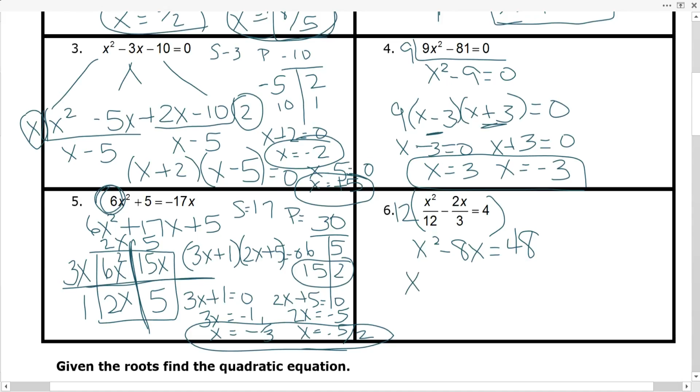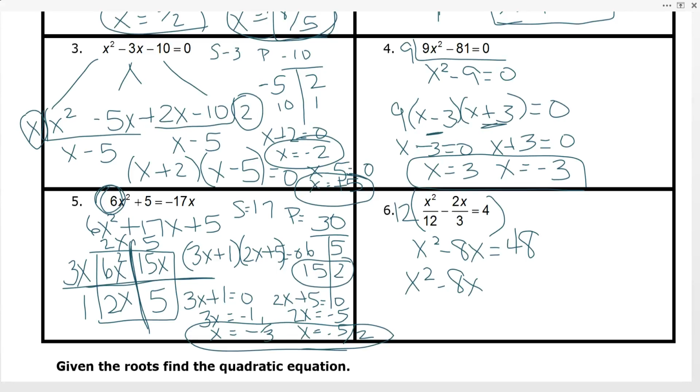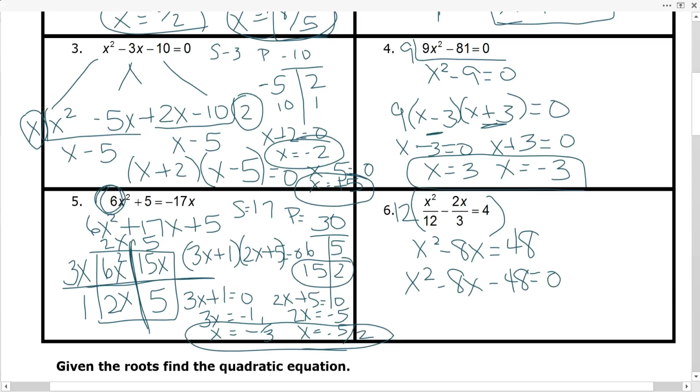Move my 48 over, x squared minus 8x minus 48 equals 0. So I have no greatest common factor. My sum is -8. My product is -48.